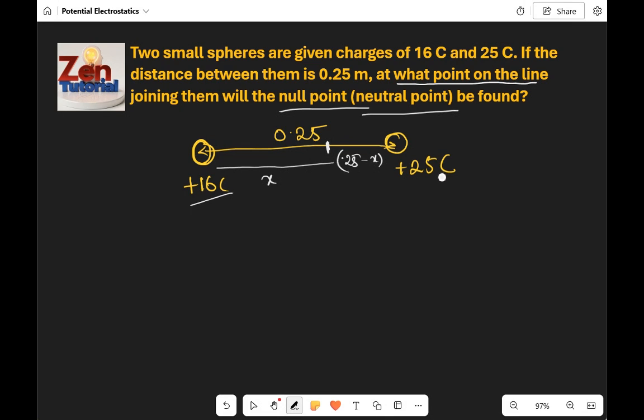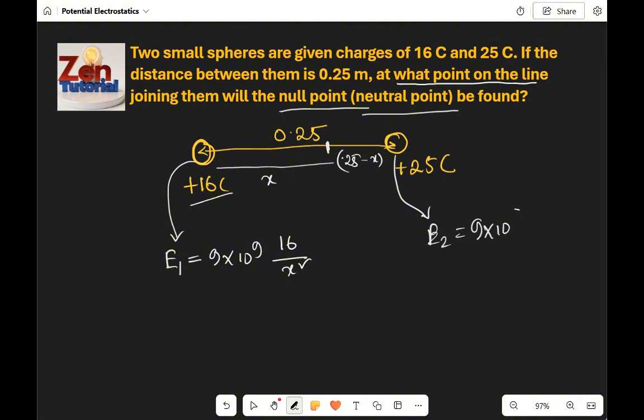So for the first charge, the electric field E1 is equal to 9 into 10 to the power 9, the value of k, and the charge is 16 and the distance is x squared. Same as for this charge, E2 is 9 into 10 to the power 9, 25 over 0.25 minus x whole square.